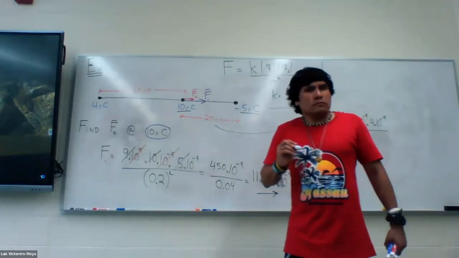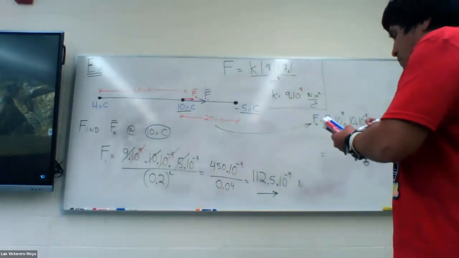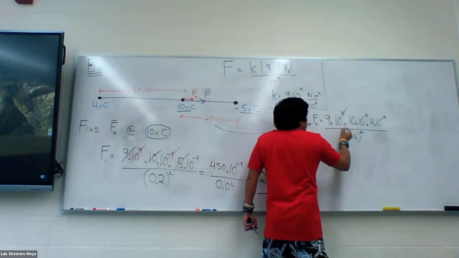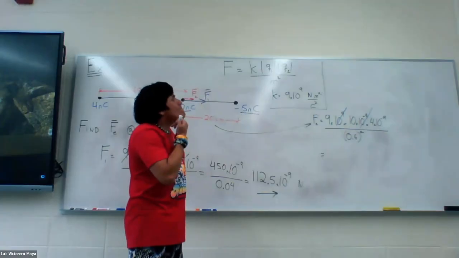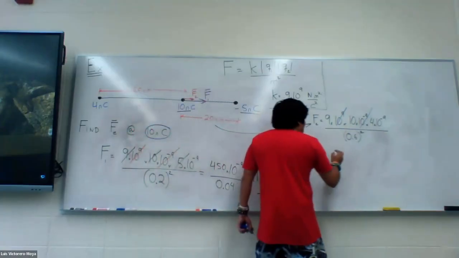Right? Now, I will just simplify this like that. 4 times 10 is 40, times 9 is 360.